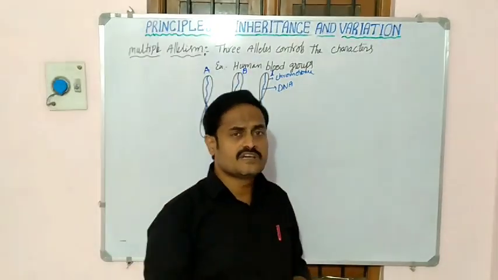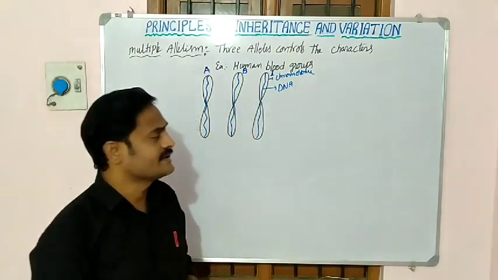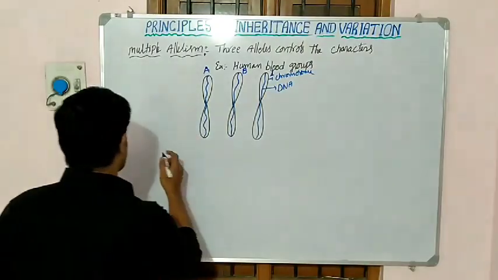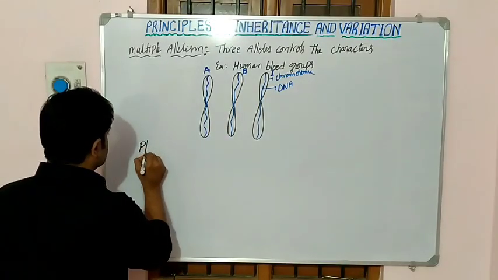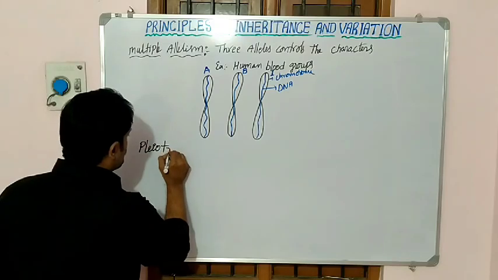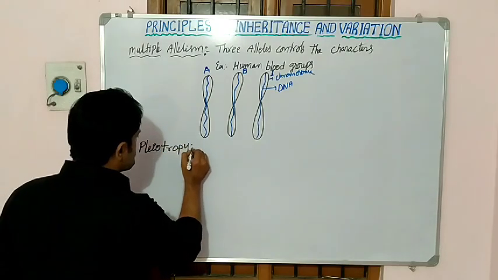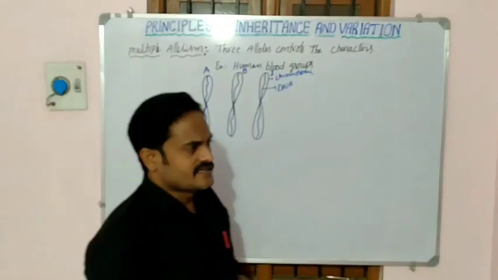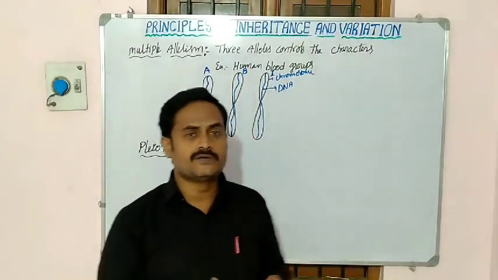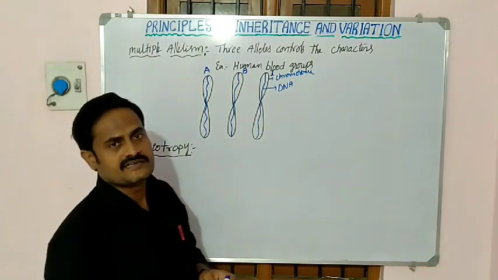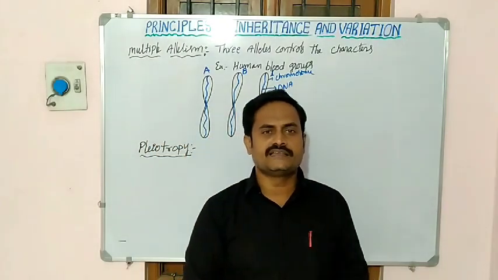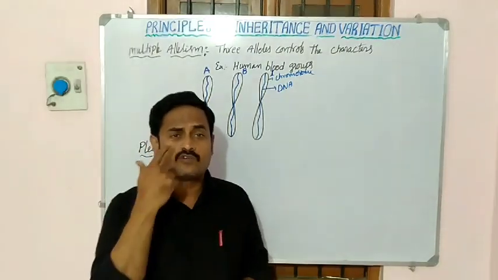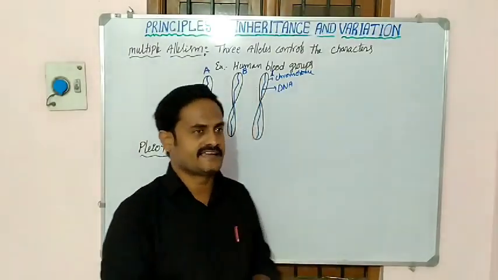Okay, then we are going to one more important topic, that is called pleiotropy. See, what is pleiotropy? Pleiotropy means alleles control more than one character, not a single character.